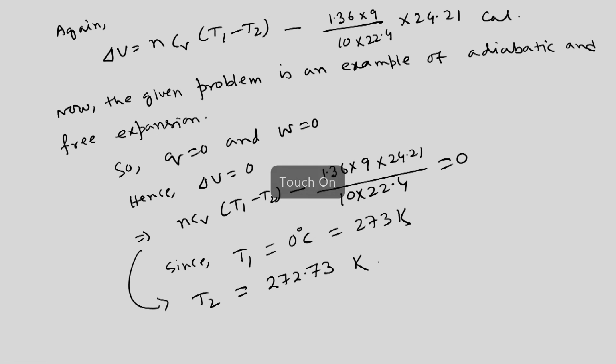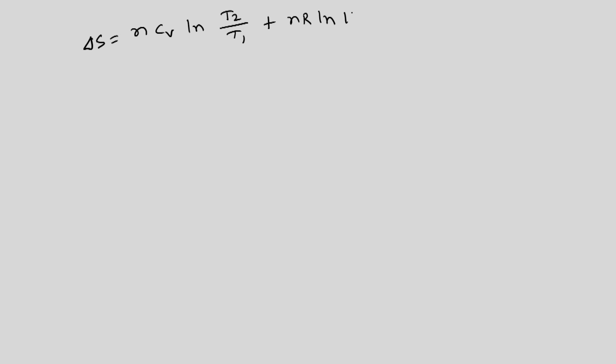So, what is the value of entropy change? Okay. So, delta S is n Cv ln T2 by T1 plus nR ln 10, or V2 by V1. So, this is the expression for entropy.